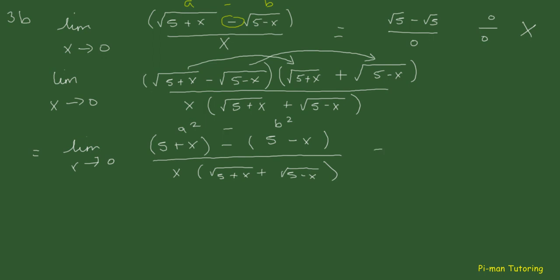Okay, now if we simplify the top, we've got 5 minus 5, and we've got x minus negative x. X minus negative x is the same as x plus x, so we end up with 2x on the top. On the bottom, we have x times root 5 plus x plus root 5 minus x. So this is good.